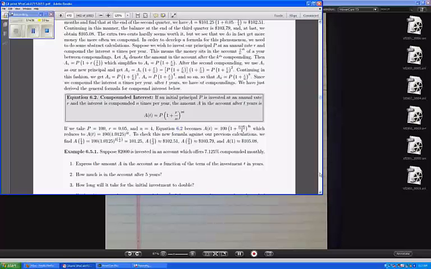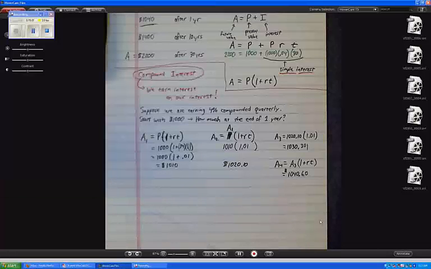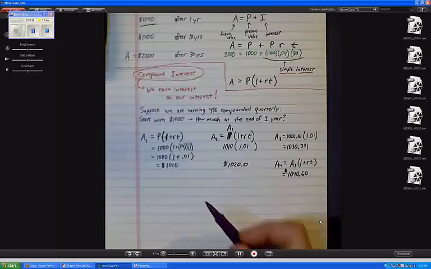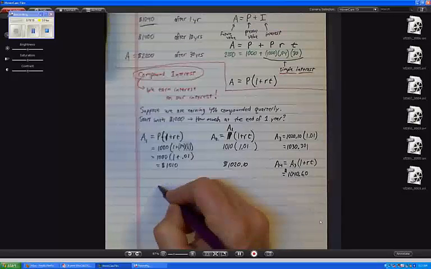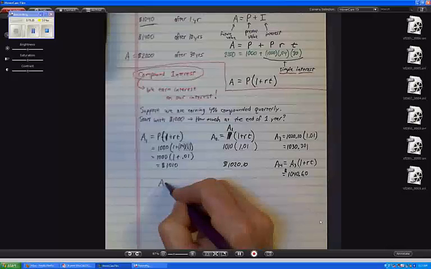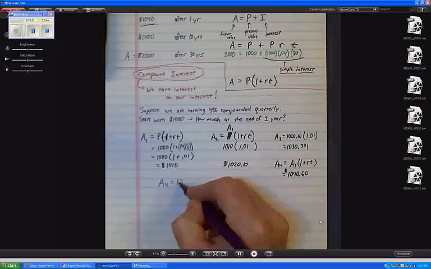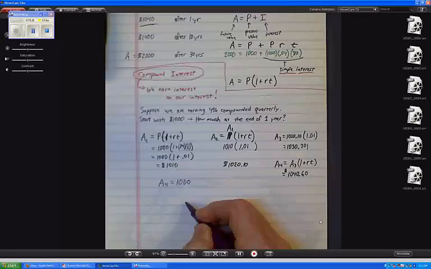Well, I want to explain where that came from. See, look again at the work we just did. I guess the question is, could we have done this any quicker? Well, basically what I did was, to figure out the final value, A4, I started with 1,000, right? And then what did I do?